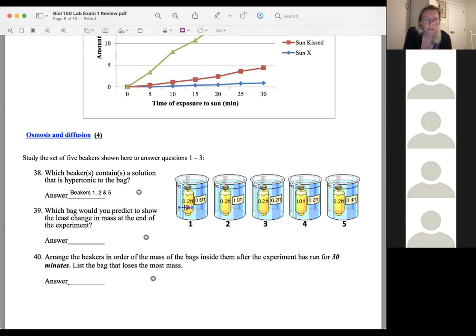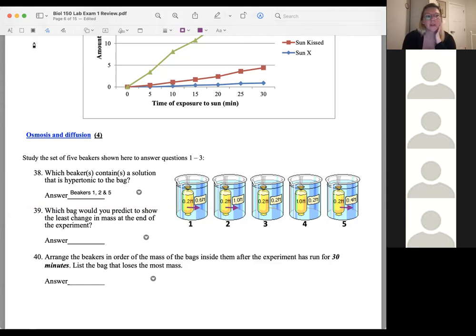There we go. Okay, so the water is moving out of the bag into the beaker in 1, 2, and 5. Okay.